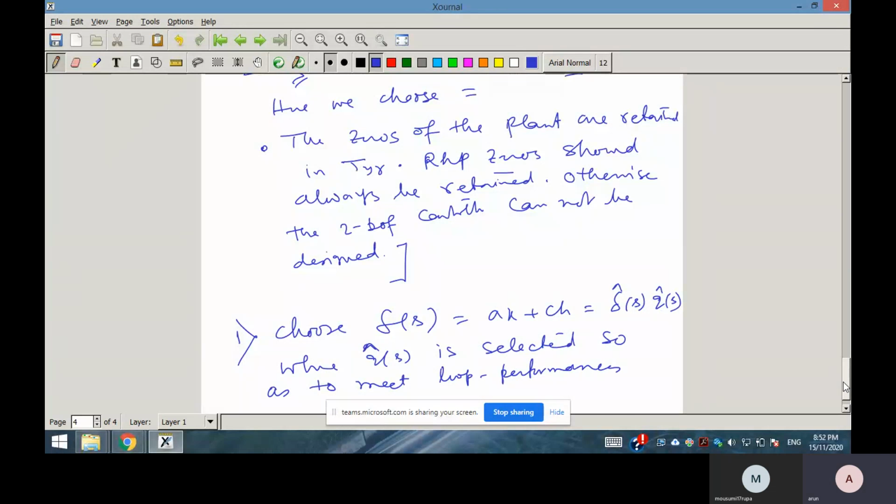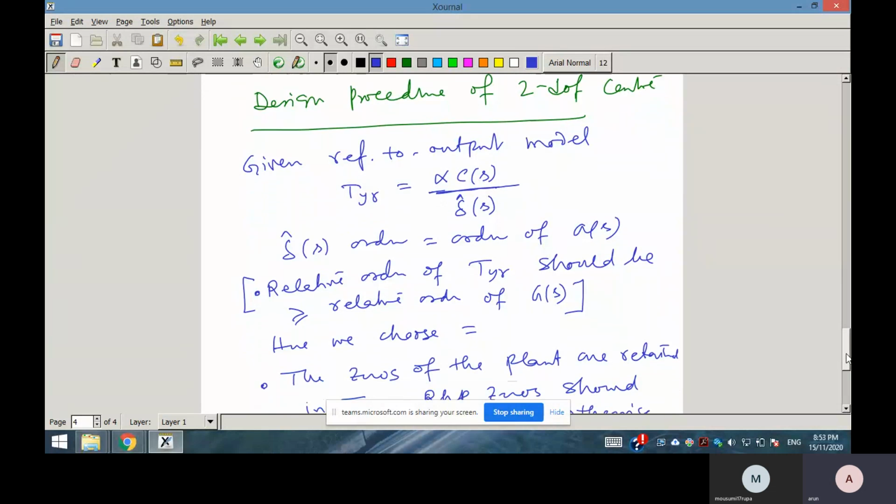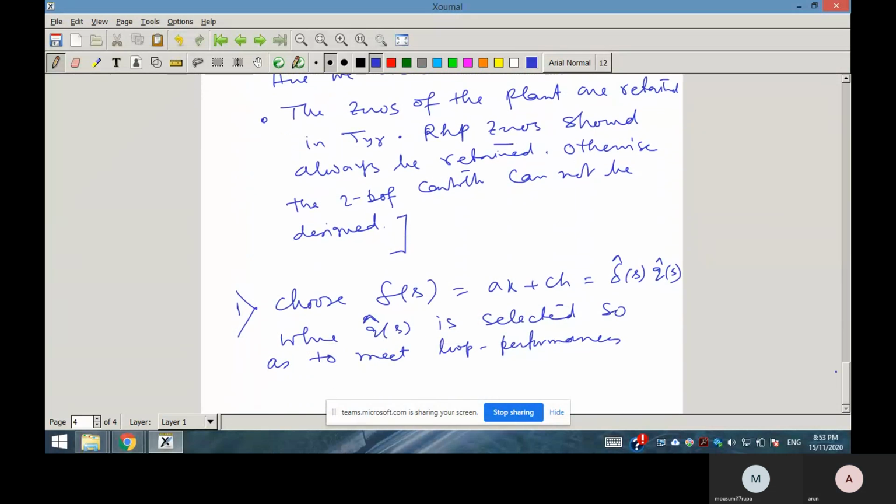That means once this reference input to output model is given, your tracking characteristics, all these things will be fine as is desired. But then here what is your delta S? Delta S has to be chosen, because now Q hat S order is n.